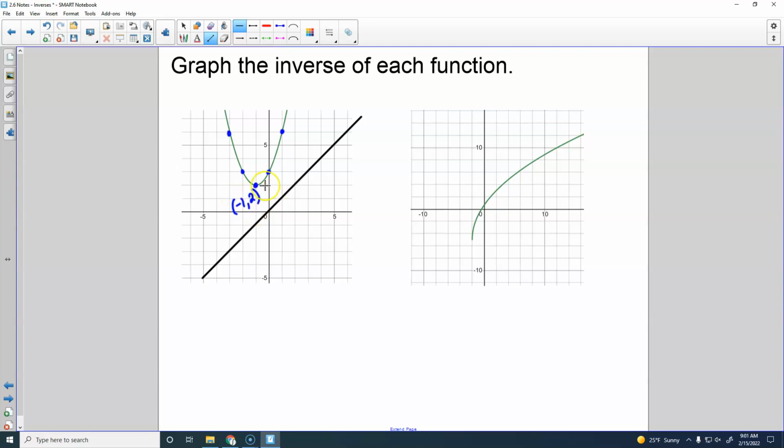So that means if we switch them, 2, negative 1 should be on our inverse function. Here we have the point 0, 3. So that means that 3, 0 should be here on our inverse function.